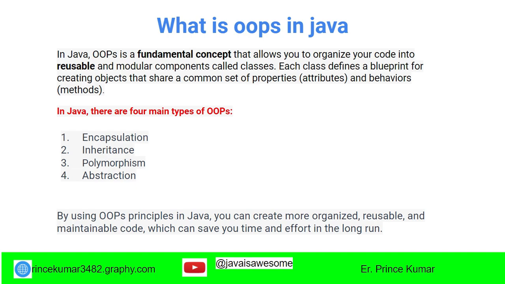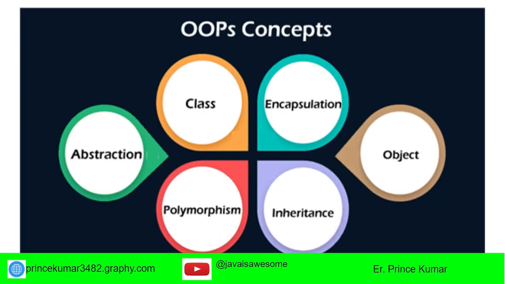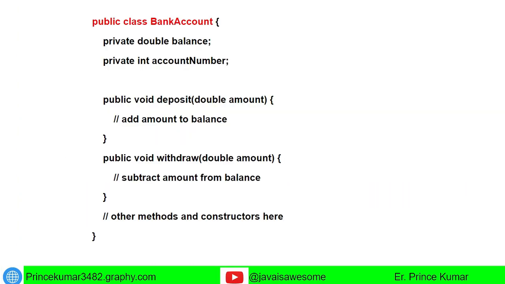You have to know all those definitions. As of now I have completed encapsulation and inheritance. In the next video we can go with polymorphism or abstraction. We need to be aware of what is a class, what is an object, and all those OOPS concepts, and I will cover them one by one.